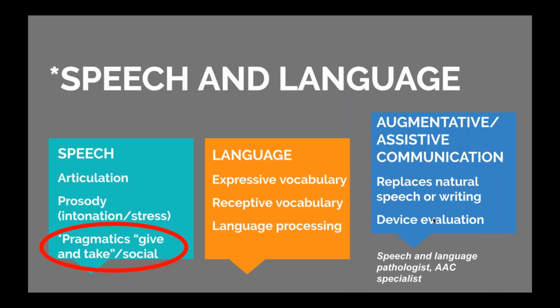Pragmatics of conversation, we talked about how important understanding the give and take of social conversation is. I think this is a really, really important piece, especially for those in our community who have children that we call higher functioning, I guess, or I don't know, we have to think of a better way to talk about that, who have mild challenges, but we do see that pragmatics of conversation can be challenging for them.